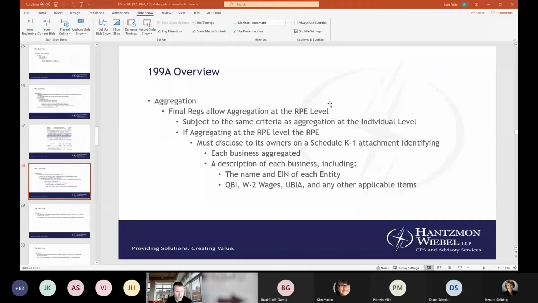The final regulations also allow aggregation at the RPE level, that's relevant pass-through entity, which includes partnerships and S corps, subject to the same criteria as the individual level.